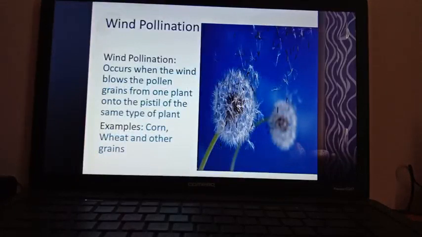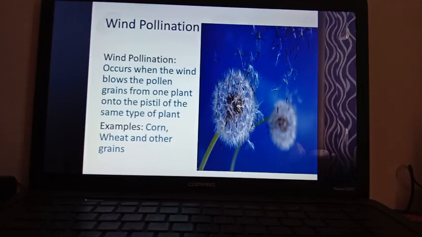First is wind pollination. It is also known as anemophily. So what is wind pollination? It occurs when the wind blows the pollen grains from one plant onto the pistil of the same type of plant. So it is a cross pollination that is mainly driven by the wind, meaning the pollen grains are transferred from one plant to another plant by the help of wind or air current.